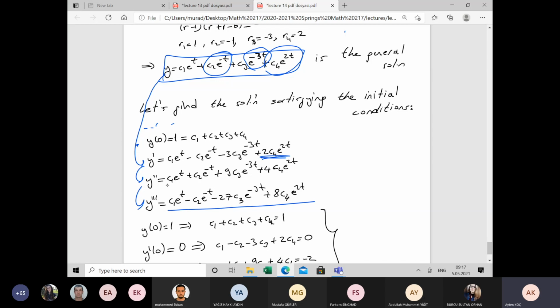So write the initial conditions. Y(0) is 1; we obtain this equation. The second initial condition, y'(0): take this equality and substitute t is 0, y' is 0, so we obtain this one.